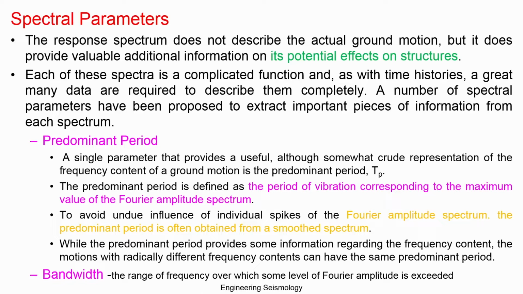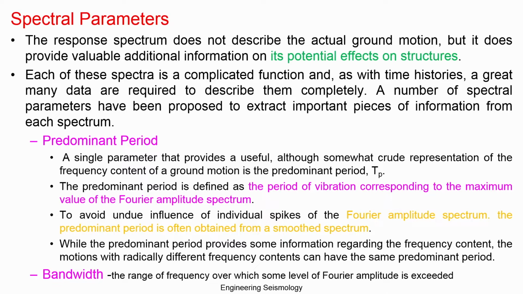The response spectrum does not describe the actual ground motion, but it provides valuable additional information on the potential effect on the structure for the given input. This spectrum is a complicated function, and a great many data are required to describe it completely.